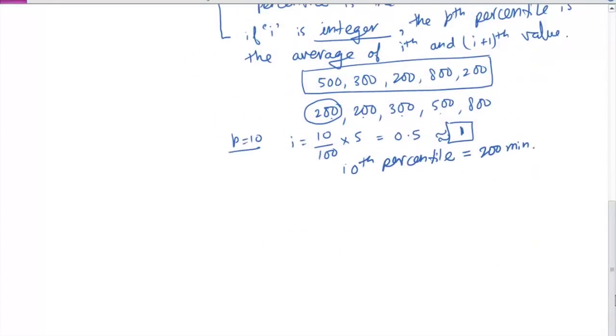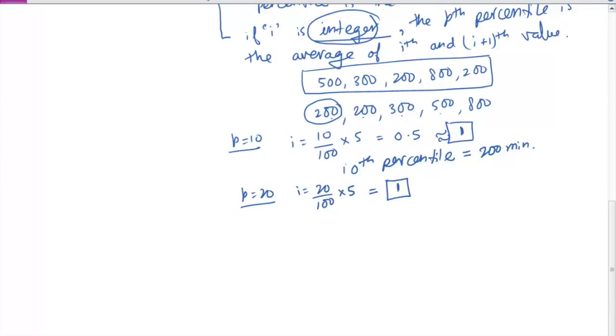We can take one example of the other type. Suppose p equals 20. We are interested in the 20th percentile. So calculate i: 20 by 100 times 5 is 1. Now we got an integer. If i is an integer, then the pth percentile is the average of the ith and the (i plus 1)th value.